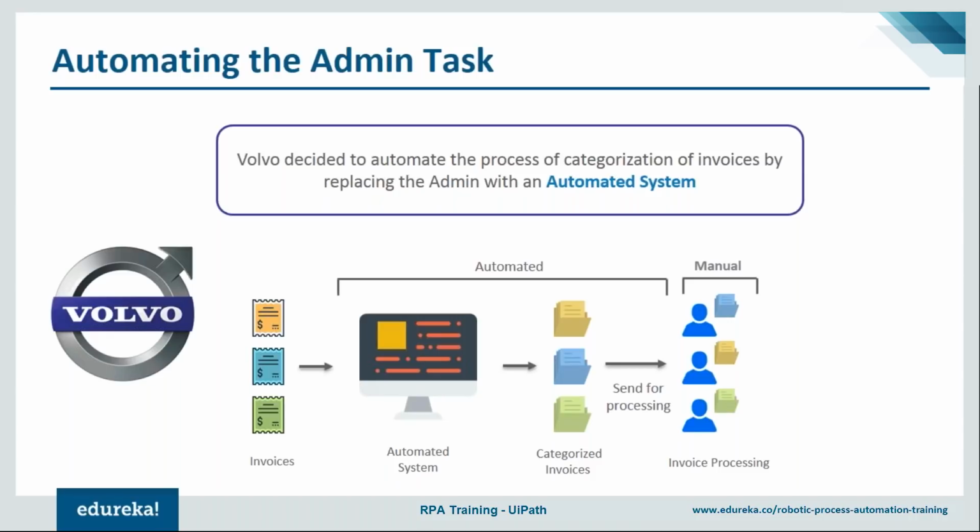So this was good. They installed an automation system which categorized the invoices. And now the only manual part left was the processing part, wherein they would read the invoices and maybe copy or pick up the things which were needed and paste them inside an Excel file. This could be the processing that they were doing, right? So this was still manual because no computer could read an image.